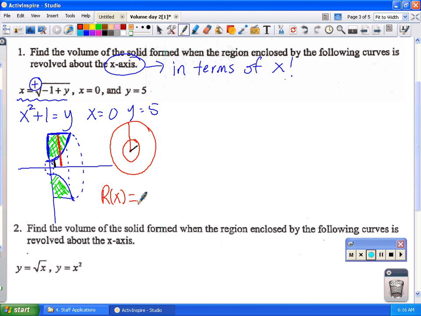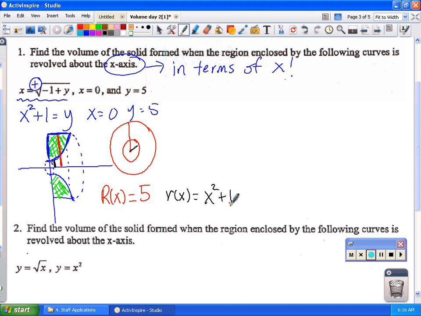Now the outer curve in this case is y equal to 5, so the outer radius is always 5 units long, because the outer curve is that horizontal line y equal to 5. Little r of x is the distance from the axis of revolution to the inside curve, which is going to be x squared plus 1.